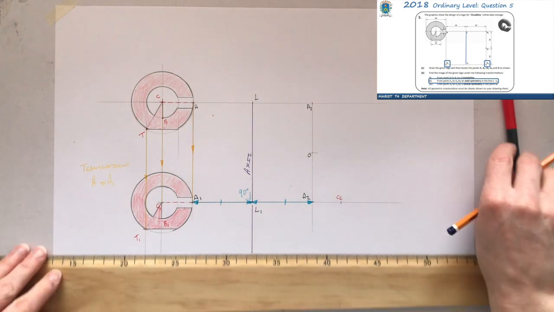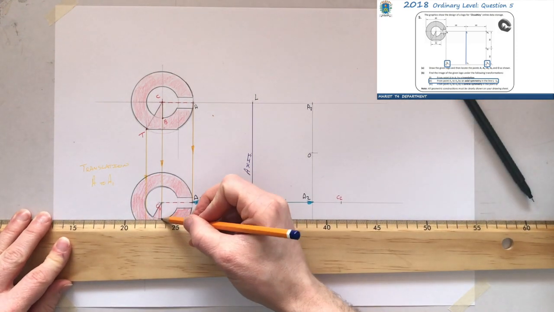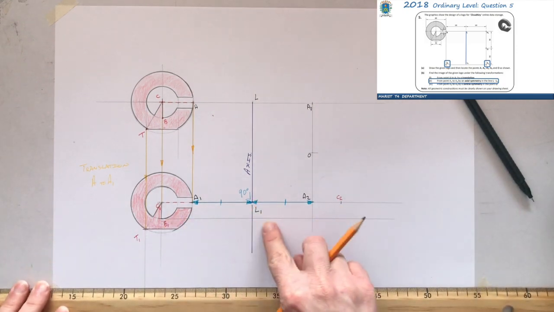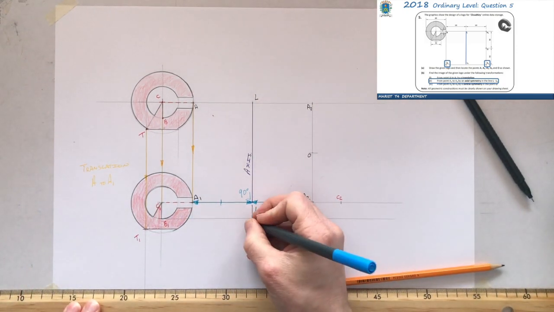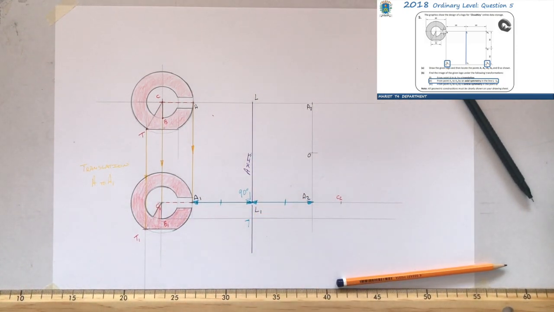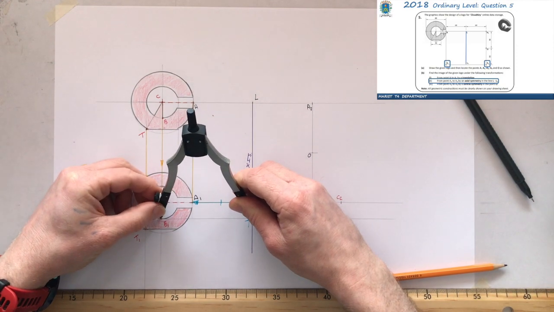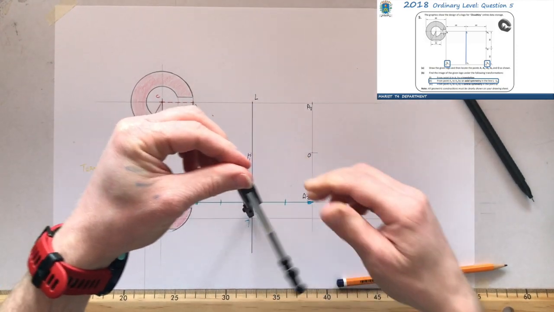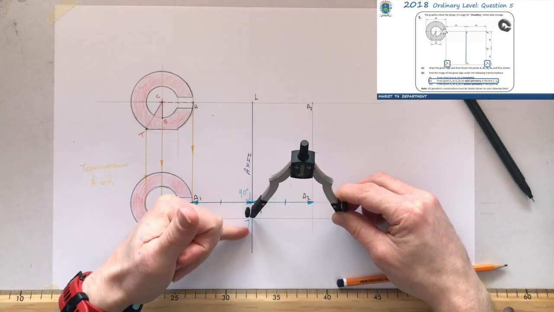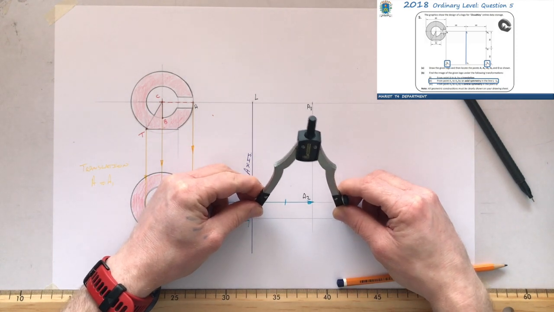Next thing is point B, which was at the bottom. So bring that at 90 degrees. Again, make sure they are meeting it at 90 degrees. Okay. What do we do? We put the point of the compass on the axis line where this line meets the axis, open it up to point B, and we keep that point of the compass on the axis and mark it over the opposite side.